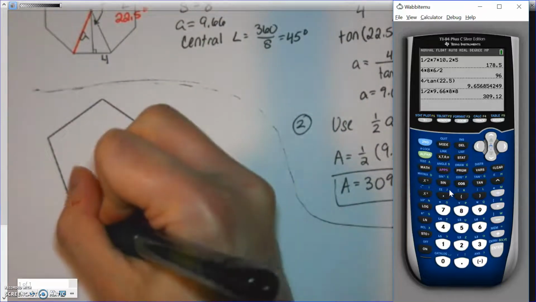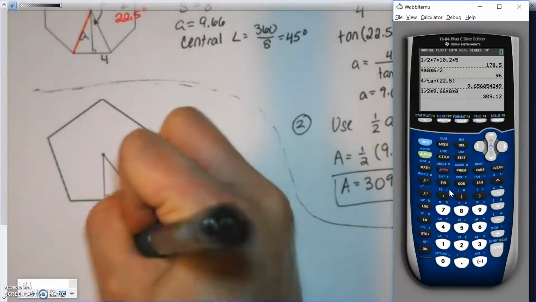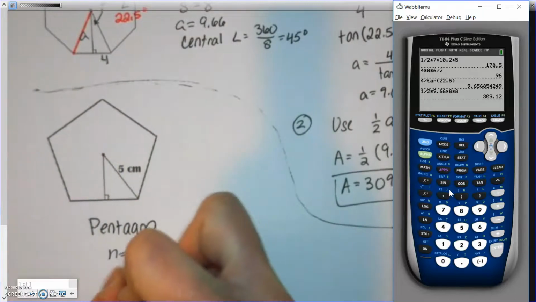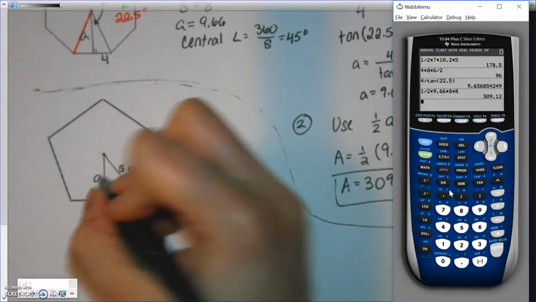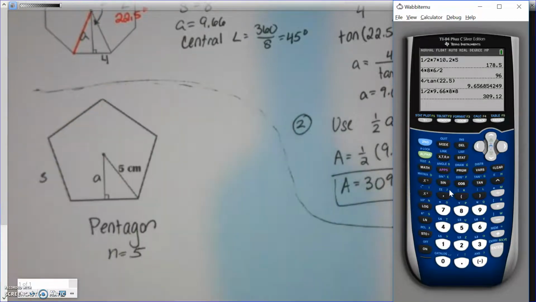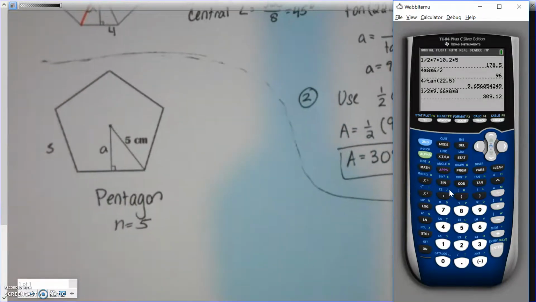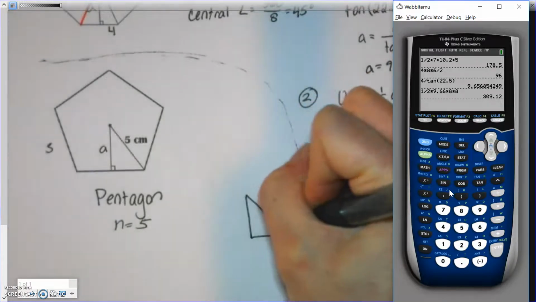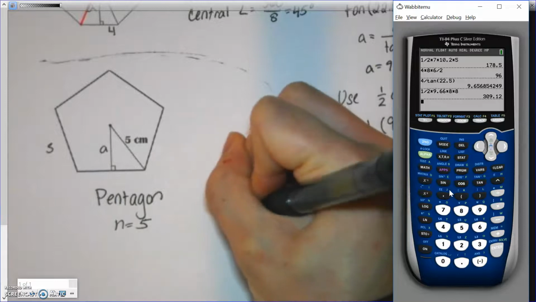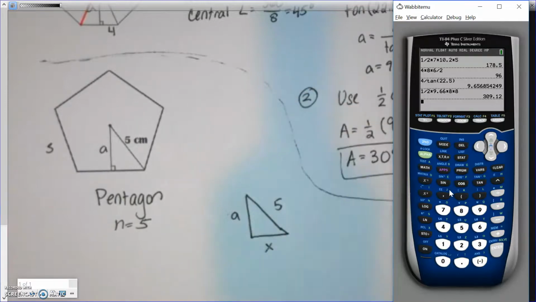In this case, I have a pentagon, so I know that n is 5. But they do not give me my apothem, they do not give me my side length, so I'm going to have to calculate both. So let's draw out our little triangle right here. We've got 5, this is A. I'm going to label this as X because it's not actually the side length, it's the side length divided by 2.